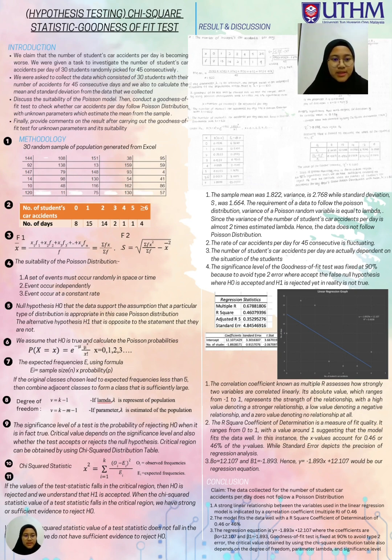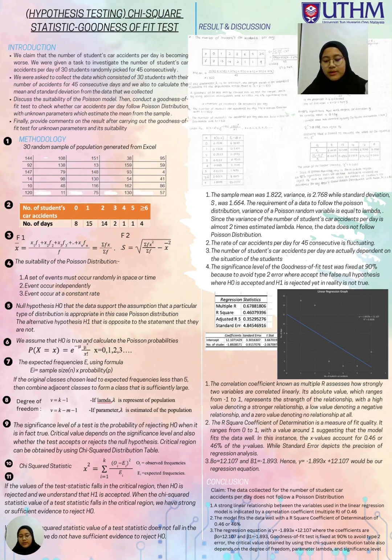For step 9, the significance, we fix the significance level of a test, which is the probability of rejecting H naught when it is in fact true. The critical value depends on the significance level and also whether the test accepts or rejects the null hypothesis. The critical region can be obtained by using the chi-square distribution table.